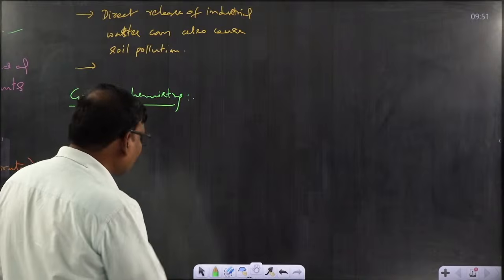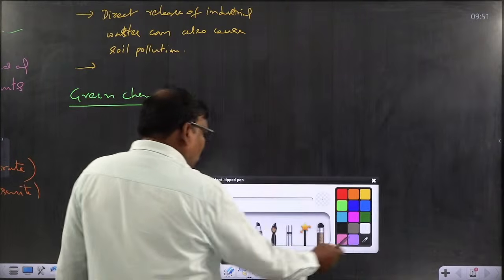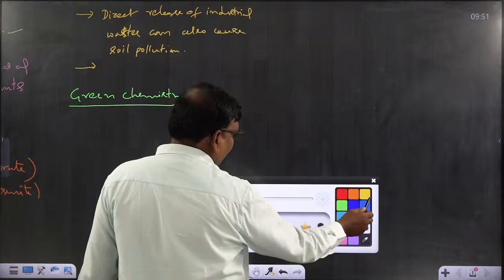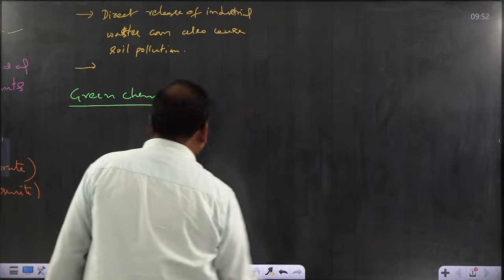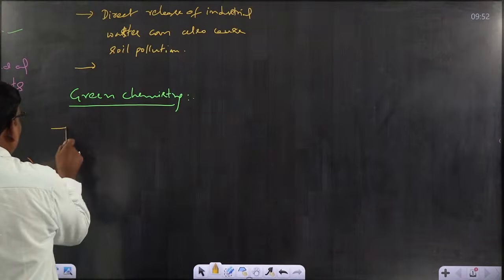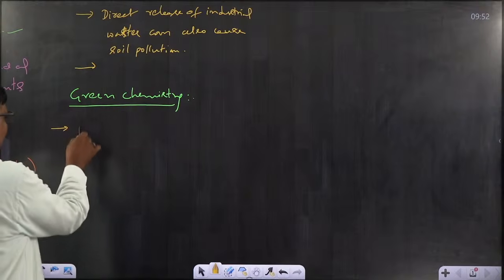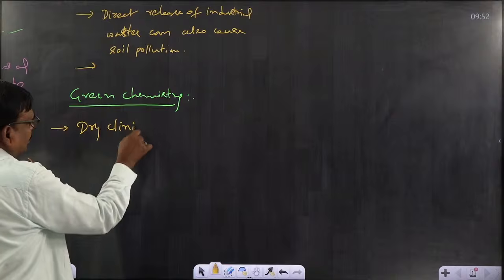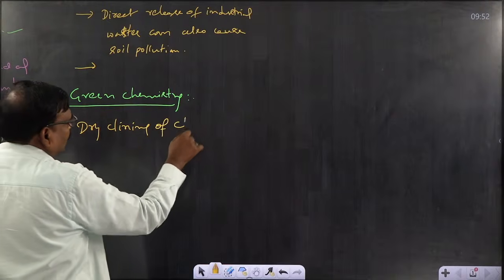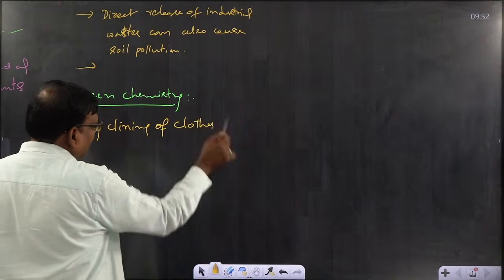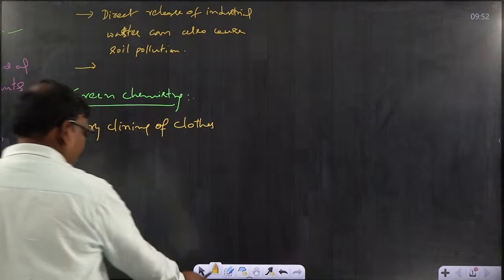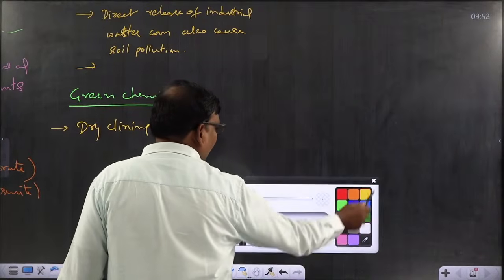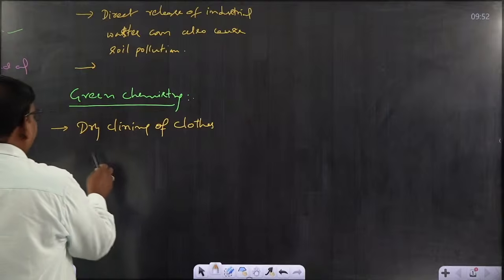Okay. So here some methods are prescribed. Let us discuss them one by one. In dry cleaning of clothes, generally the clothes are dry cleaned using the chemical tetrachloroethene.